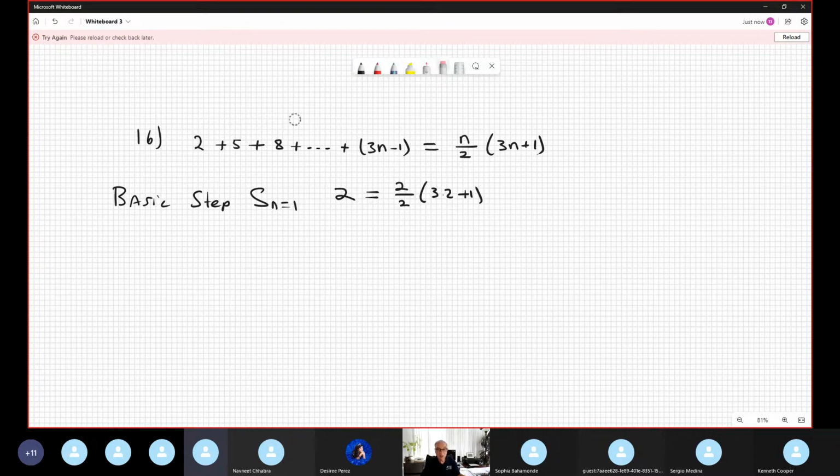N equal 1 is 1/2 times 3 times 1 plus 1. Okay? This is the basic step with n equal 1. This is 4 divided by 2. Right. Okay, cool. And the inductive step.